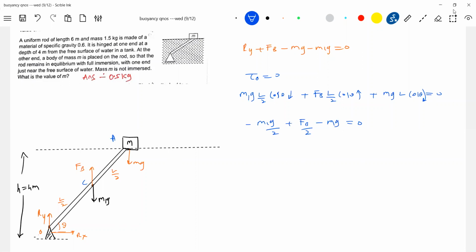So we know the weight of the rod, 1.5, 10, 2. Buoyant force, density of water, A L g by 2. This mg, we don't know. Okay, the g also gets eliminated.